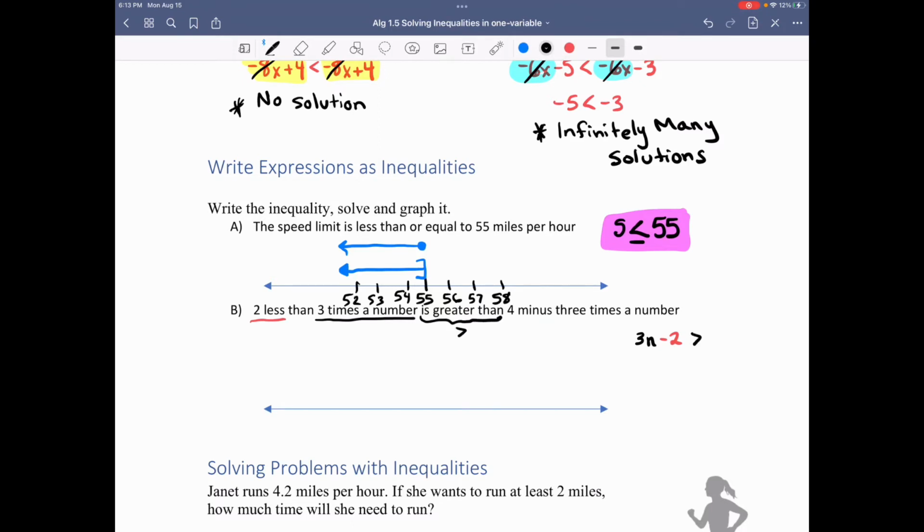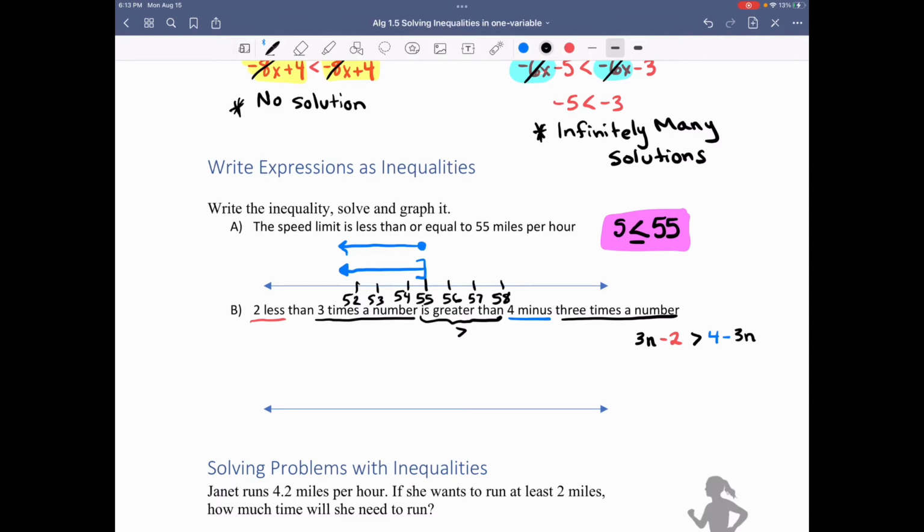So greater than 4 minus 3 times a number. So 4 minus 3n.